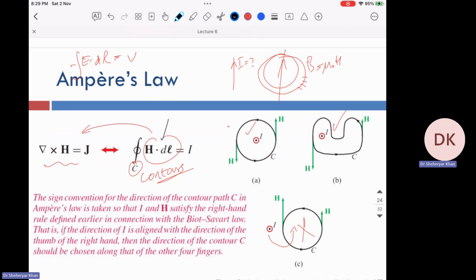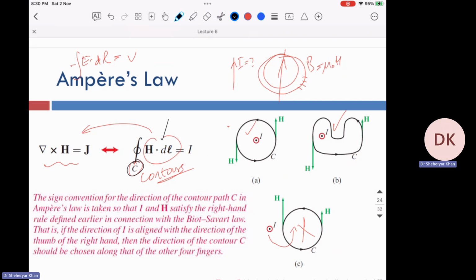But this also means one important thing, that is C. C stands for contour. Contour means that the coil or the magnetic field actually must encapsulate the current. That means the amount of current that you're finding should be inside the contour. It makes sense because all current-carrying conductors produce magnetic field around the current, not outside it, right?